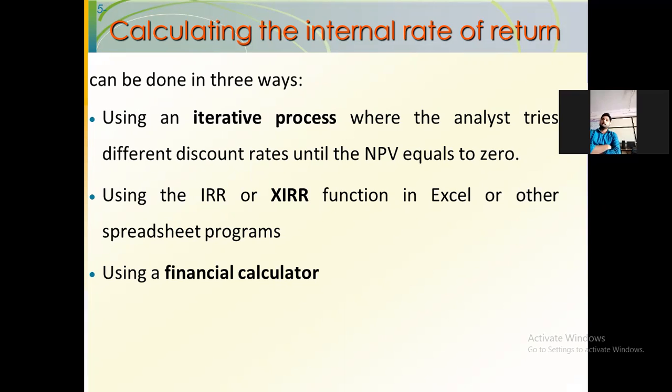The second method is using the IRR or XIRR function in Excel or other spreadsheet programs.